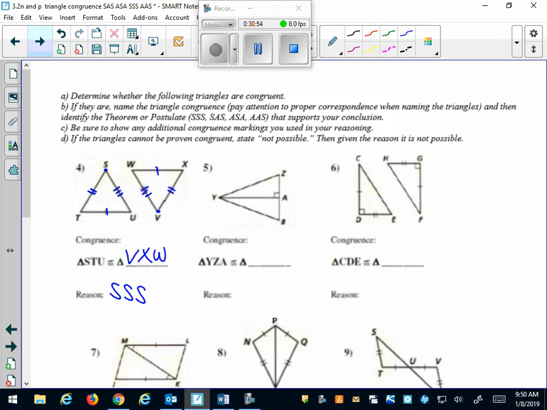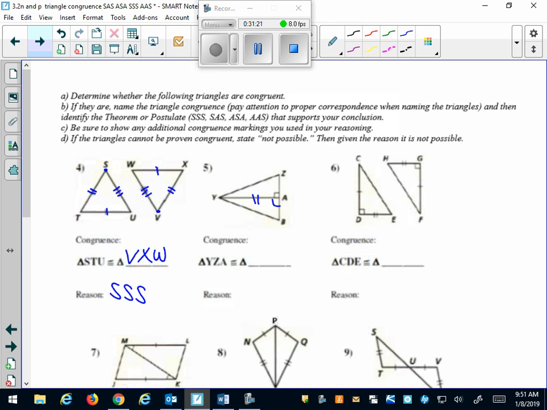But since this is not marked congruent to that, we actually don't know that that is a perpendicular bisector. The only thing we know is that there's right angles there. But there's one other thing we could mark. Yeah, YA is congruent to itself. Anytime they share a side, you could use the reflexive property.